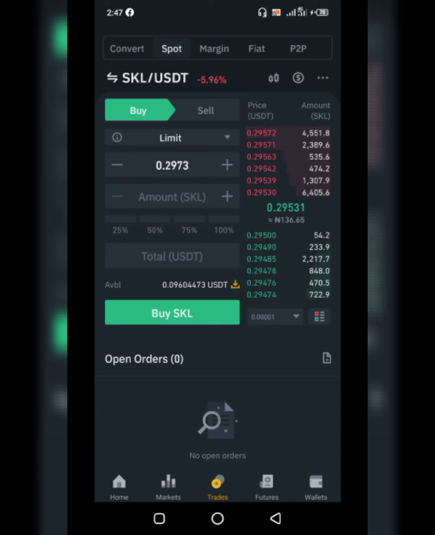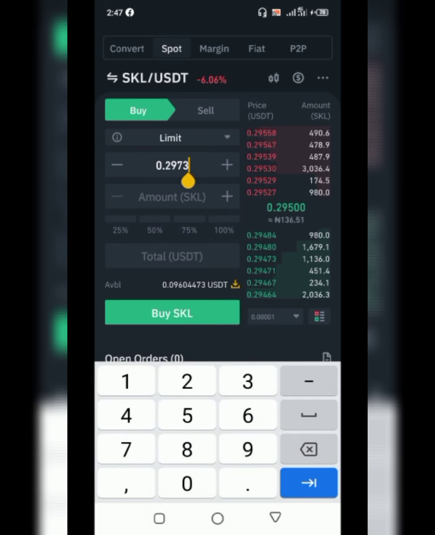How do we trade? What does limit mean? Limit simply says, when you are checking the value of that coin, which is 0.2973, that is the current unit. The signal you are given would have indicated the limit at which you must purchase the coin. Imagine maybe they give you $0.3. That's supposed to be your limit. You come to limit here and you edit this.